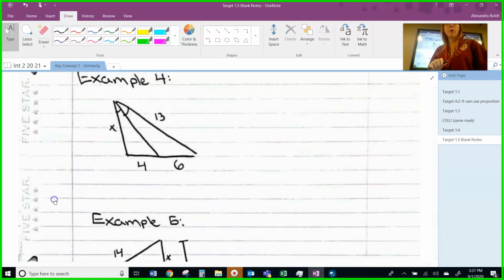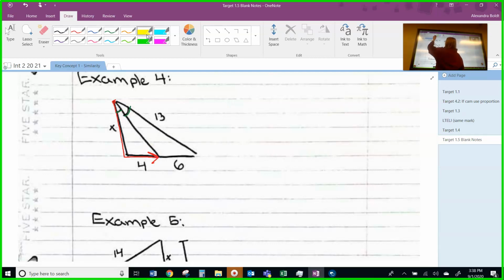We have example 4 here. Okay, so I see where our little split is. So all I'm going to do, again, I start at that point where those angles are, and I'm going to travel until here.